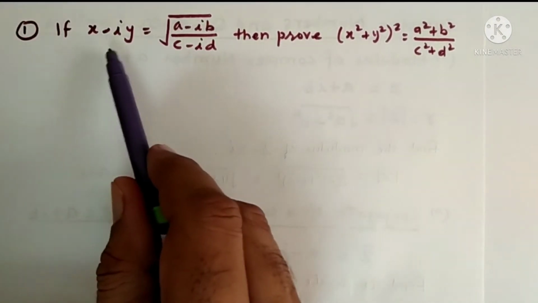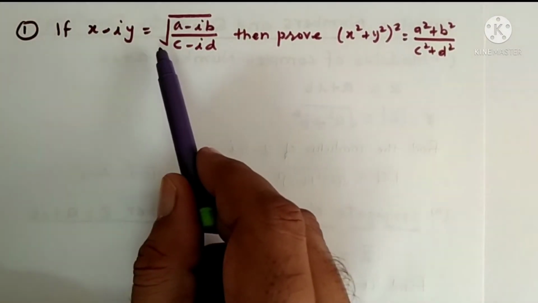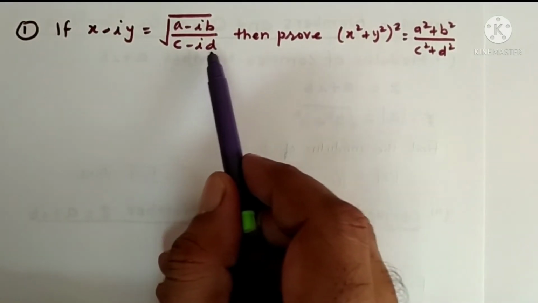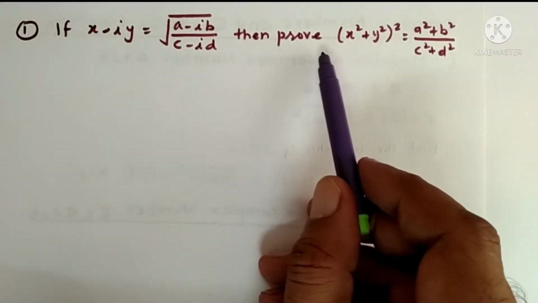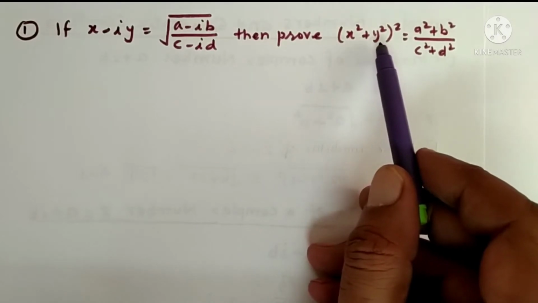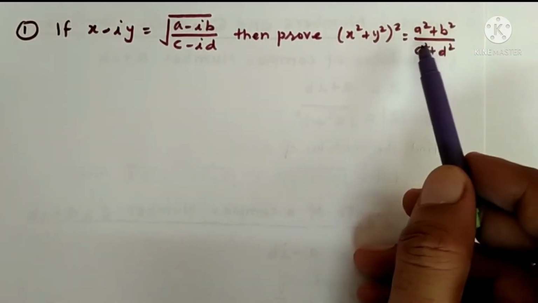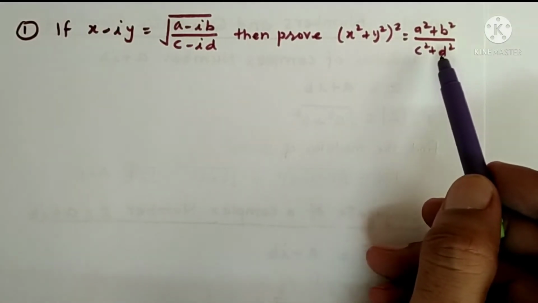If x minus iota y equals root of a minus iota b upon c minus iota d, then we have to prove that x square plus y square whole square equals a square plus b square upon c square plus d square.